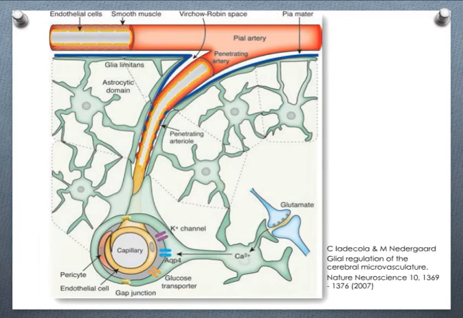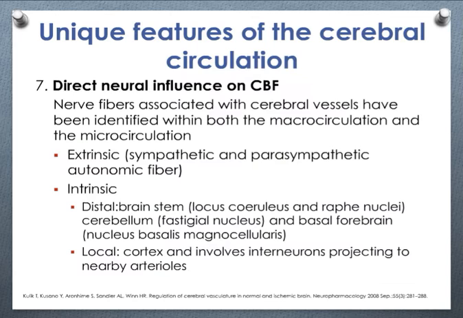They are not only a reinforcement of the blood-brain barrier, but they also have metabolic activities we will see in a while. We have direct neural influence on CBF that comes from the distal brainstem or locus coeruleus. That means that we have a control of the local circulation, and we will see a summary in the next slide about this concept.